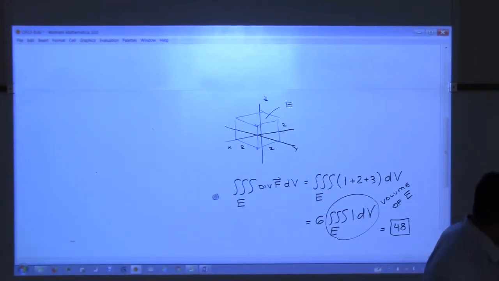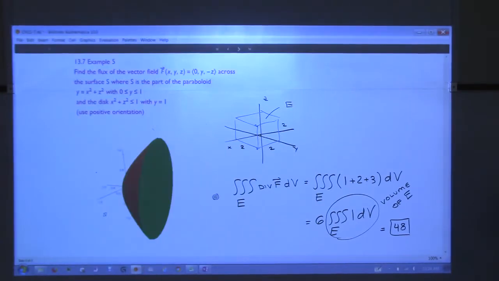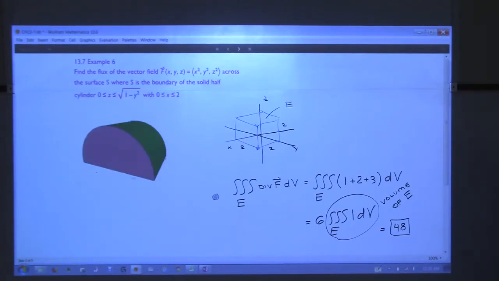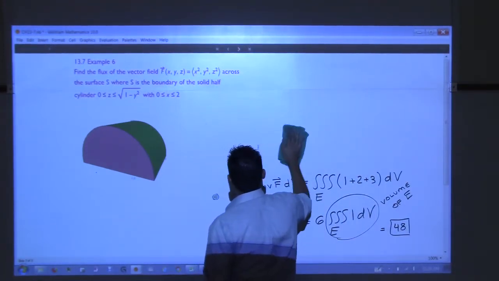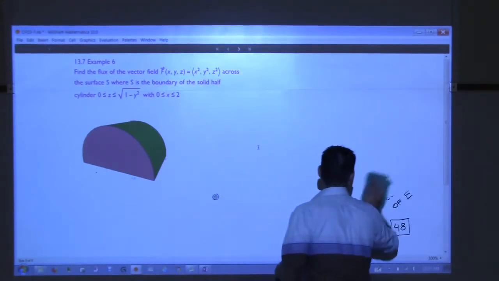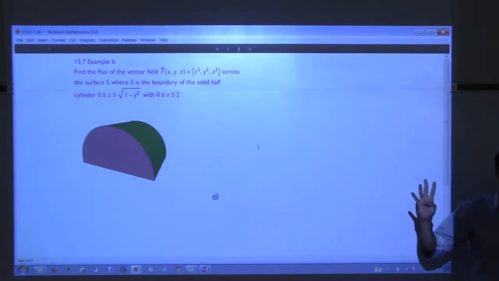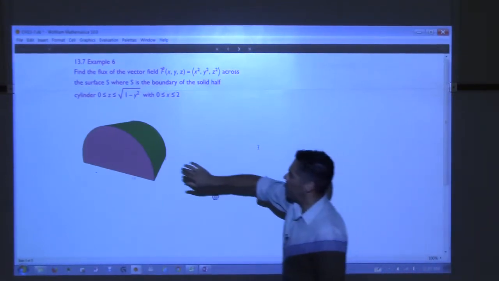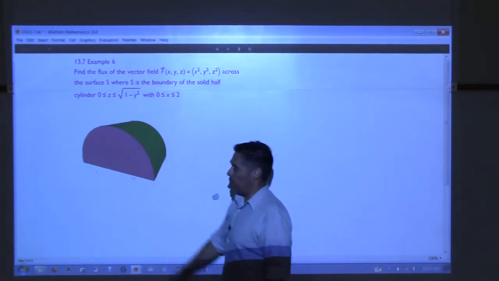Let's go back to Notes 13.7, and let's do example 6. Does that one look familiar? We did that. It took us a little bit to get that. We had to break this surface into 4 surfaces: the front side, the back side, the bottom, and then this curved part.